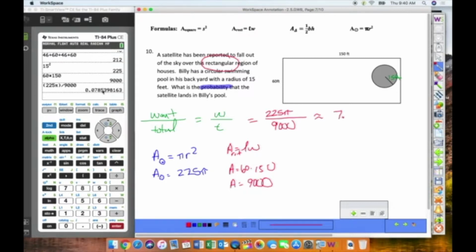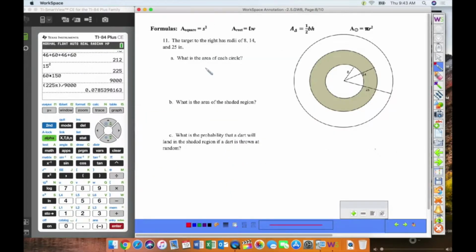Since this is a 5, this has to be rounded up, so about a 7.9% chance of that happening right there. So we did geometric probability. We wanted it to land in the pool. This is the area of the pool. Total area of 9,000.